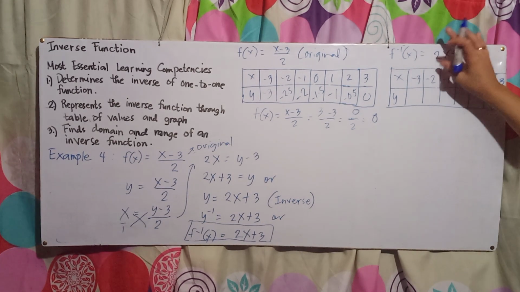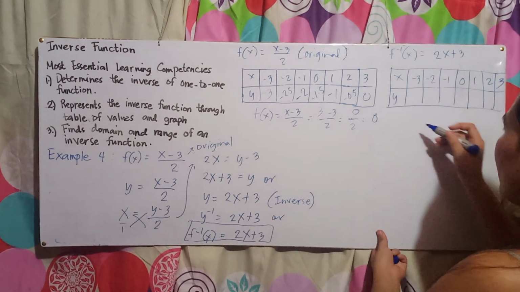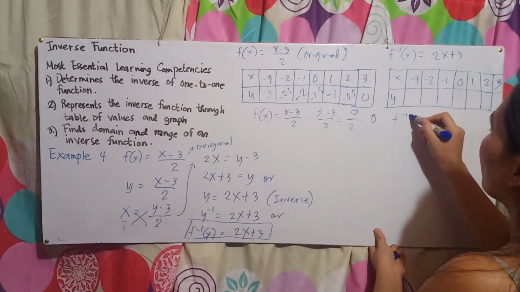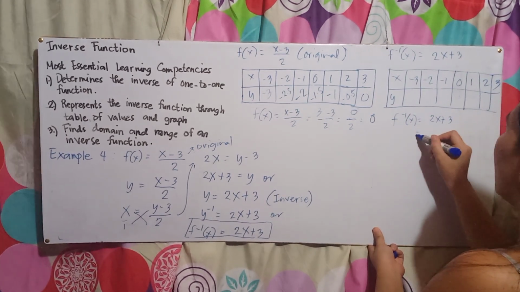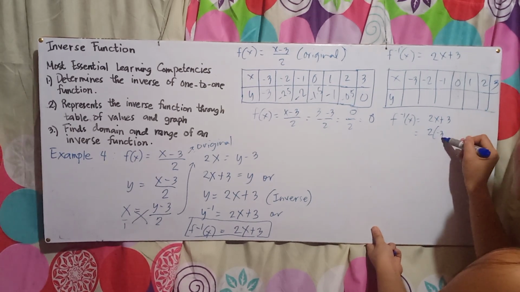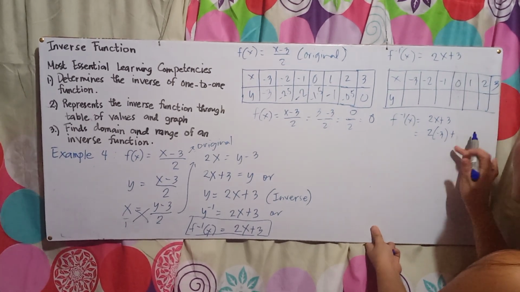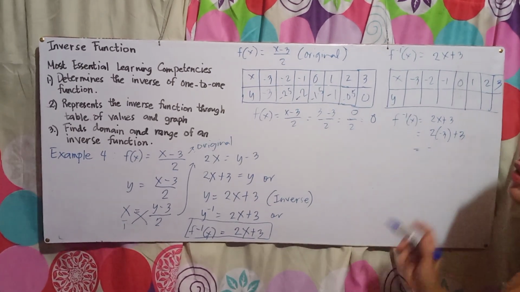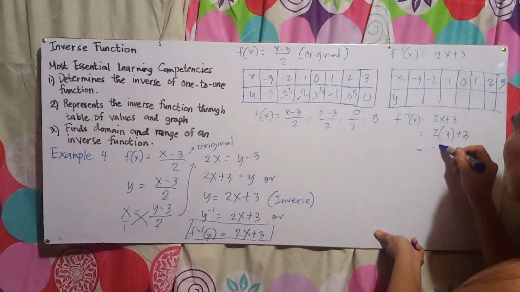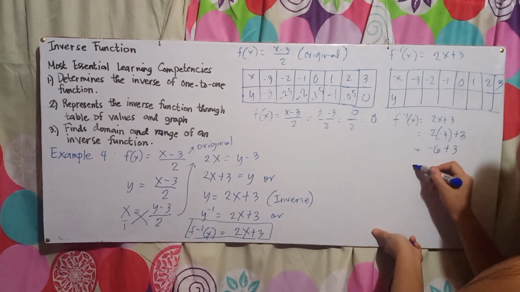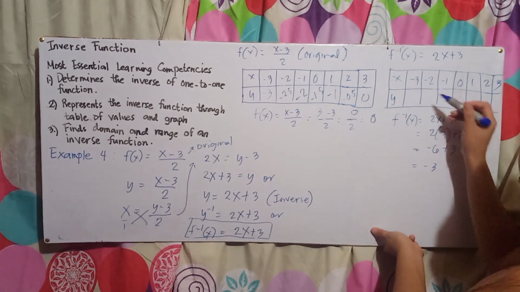Okay, next is the inverse function. f inverse of x equals 2x plus 3. So, 2 times negative 3 plus 3. Negative 2 times negative 3 is negative 6, plus 3, equals negative 3.